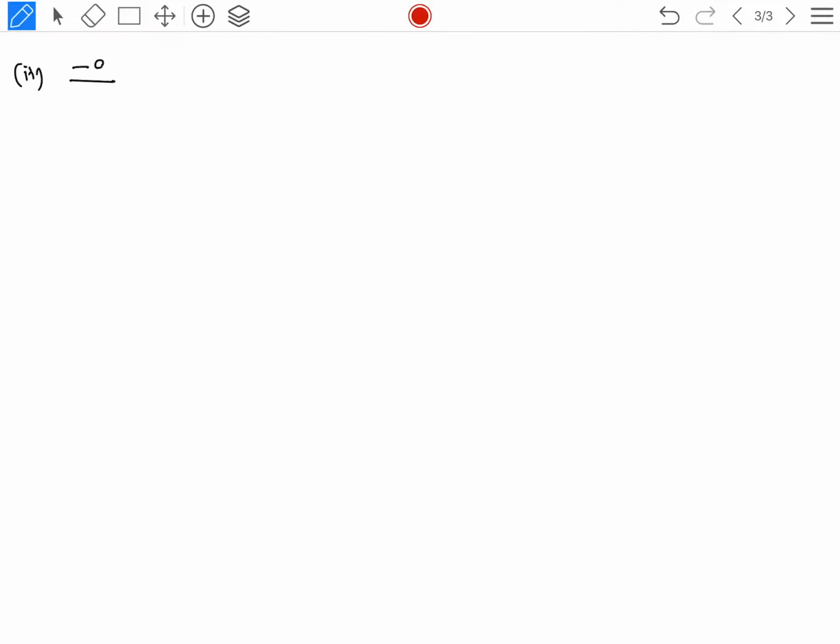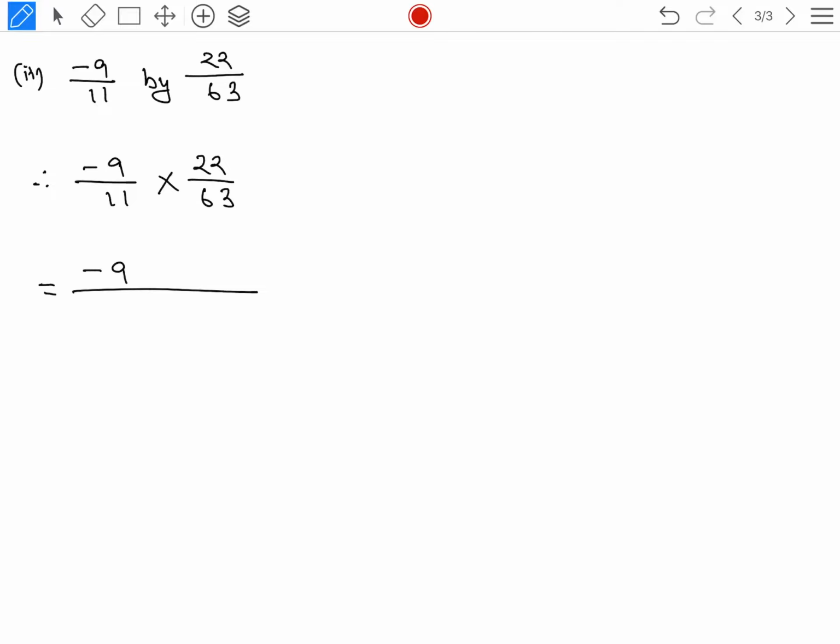Then look at number 2. It is given minus 9 by 11 by 22 by 63. So this one you have to solve. This means minus 9 by 11 into 22 by 63. So multiply numerator into numerator, minus 9 into 22. Then denominator into denominator.